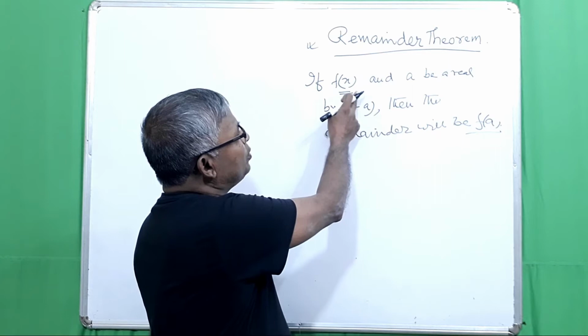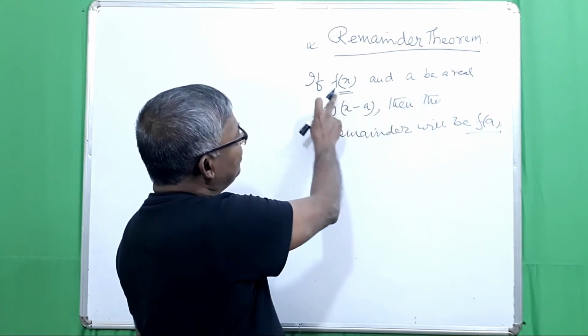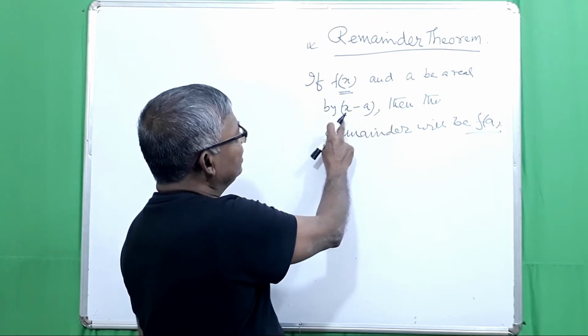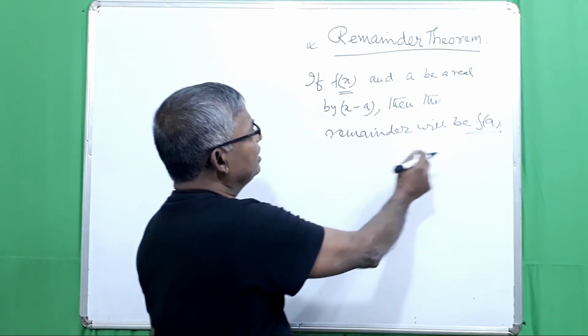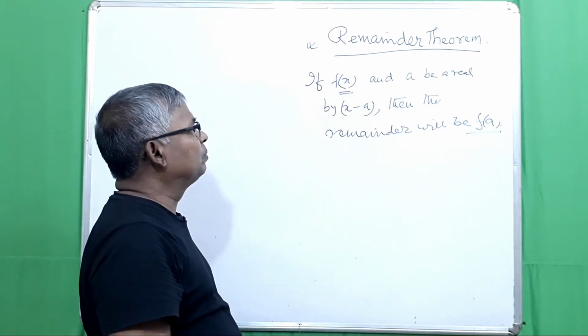Suppose f(x) be a polynomial and a be any real number. If we divide f(x) by x minus a, then f(a) will be the remainder. Let us prove the theorem.